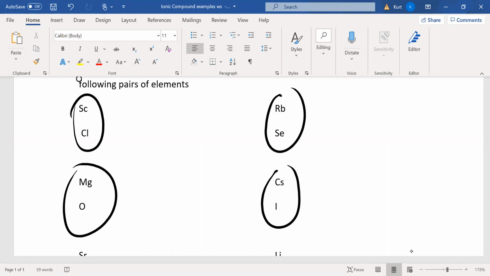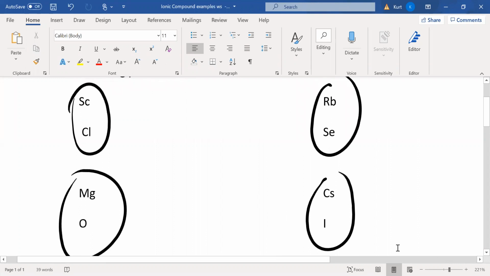You got scandium and chlorine, rubidium and selenium, cesium and iodine, and magnesium and oxygen. You may need to use your periodic table. It should all be about looking at the periodic table and finding their location. You need to make the correct formula.